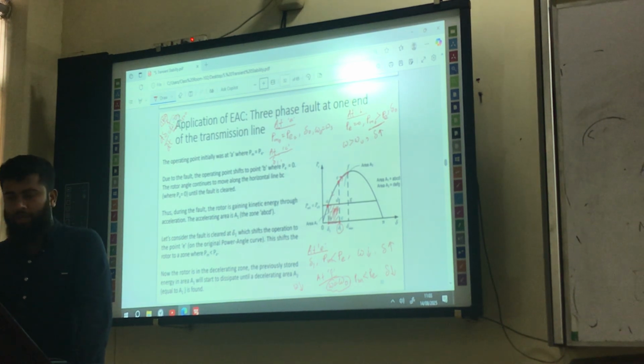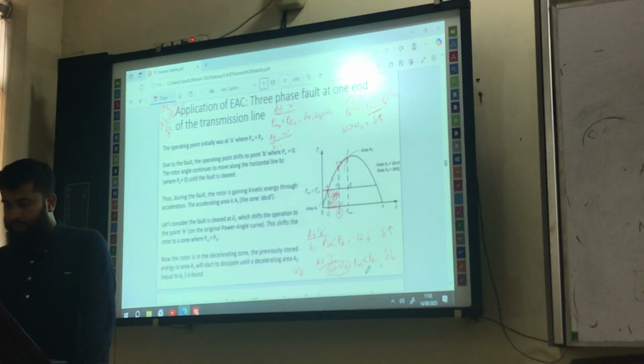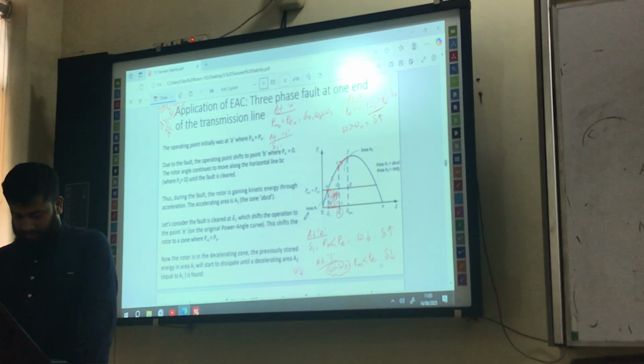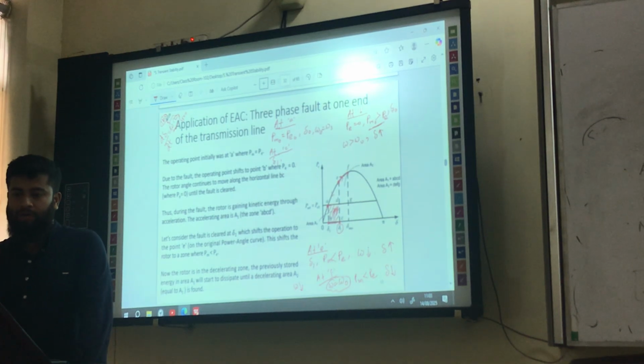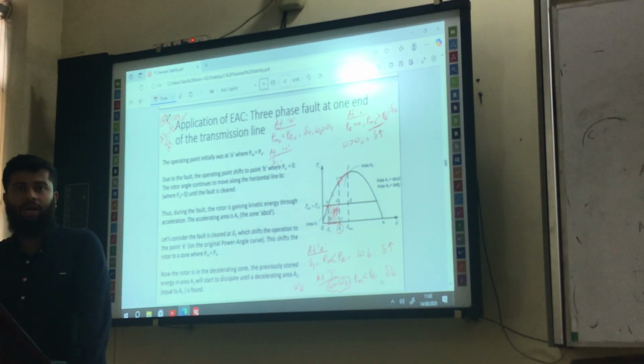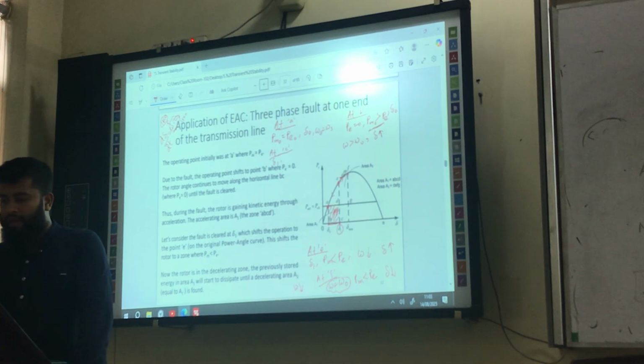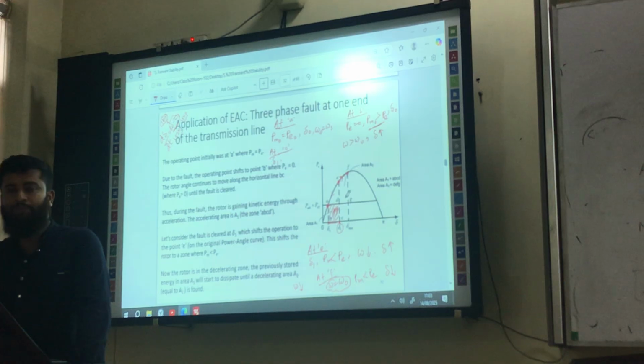This is the case. And at point F, the omega becomes omega naught. Let's say in the accelerating phase it was 1800 rpm. Now in the decelerating phase it starts to decrease, and at point F it gets to, let's say, 1500. Now it is equal to omega naught. But here PE is still higher than PM.